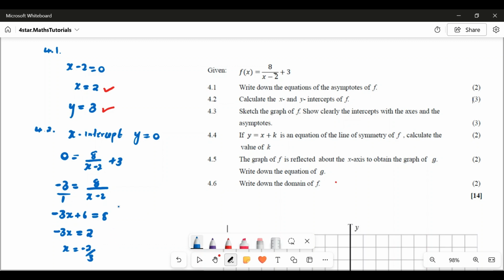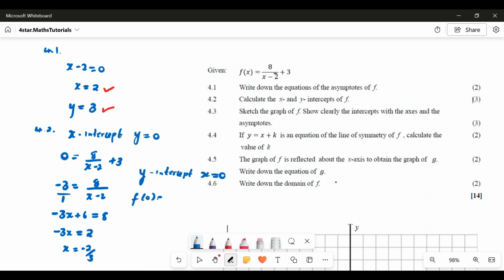This is the x-intercept. Then let's go for the y-intercept. This is where the value of x is equal to 0.